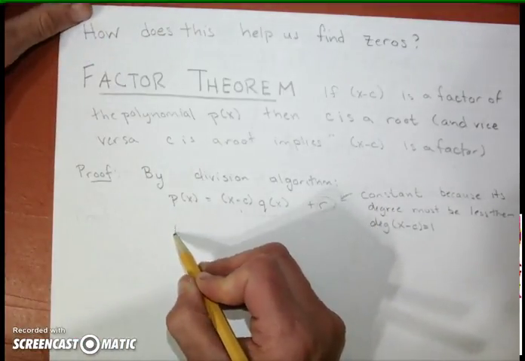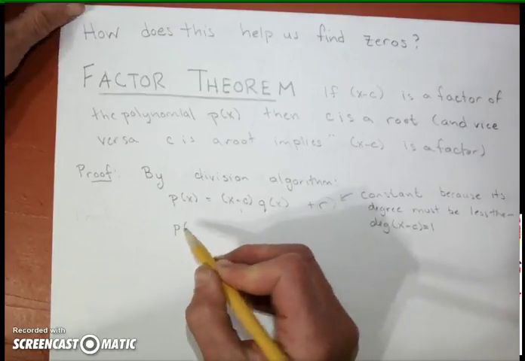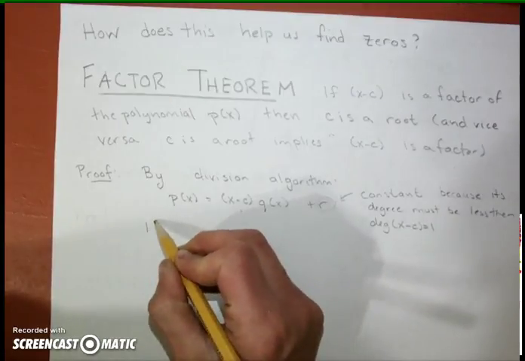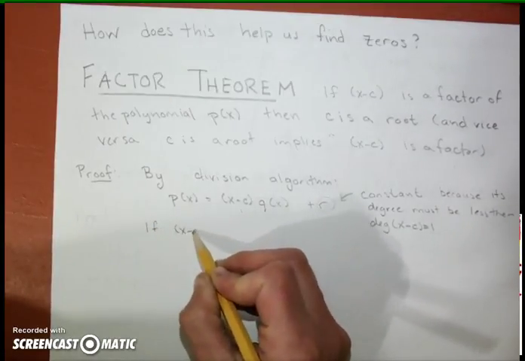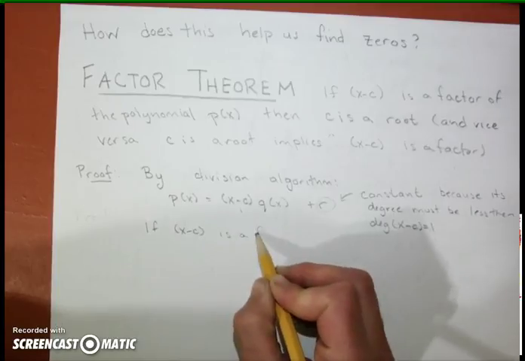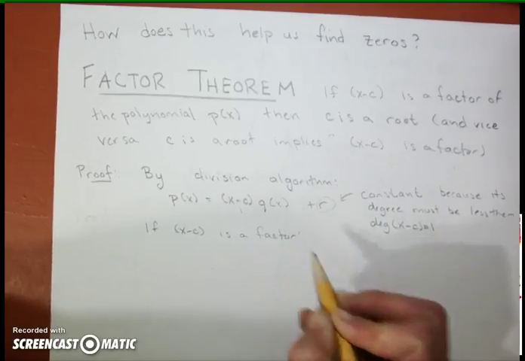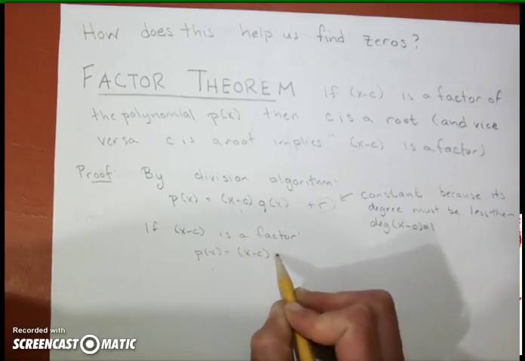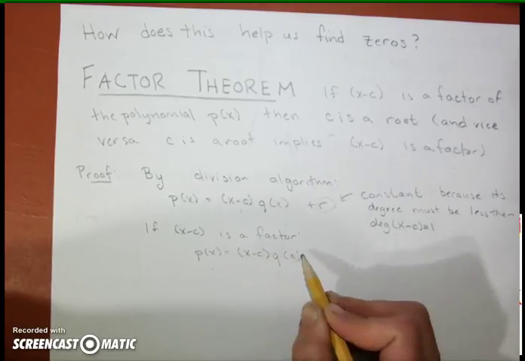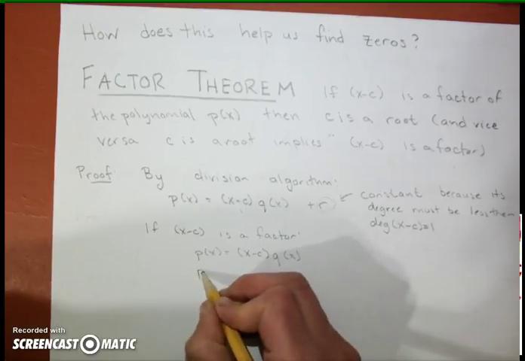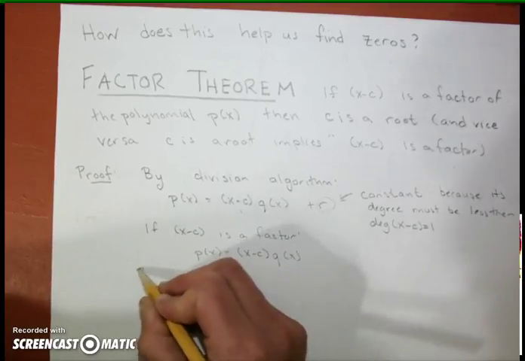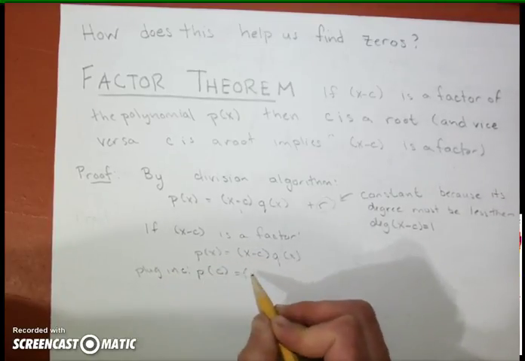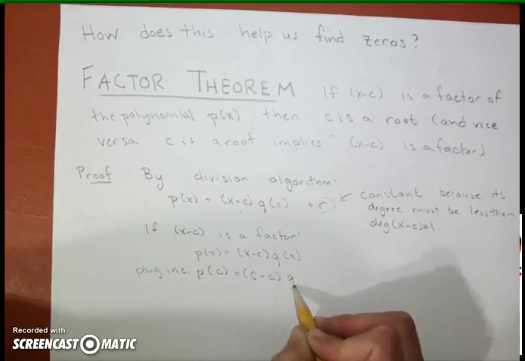So then, here's where the theorem comes in. If x minus c is a factor, then we can write p of x equals x minus c times some q of x. It divides evenly with no remainder. So when I plug in c, I get p of c equals c minus c times q of c.